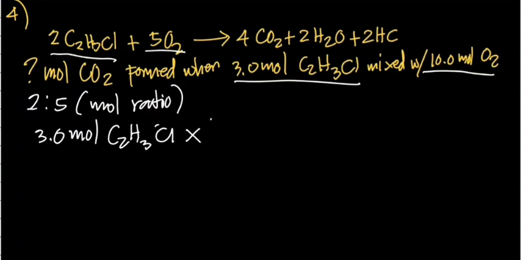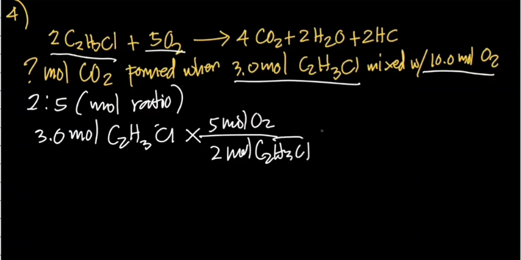So 5 moles of oxygen to 2 moles of chloroethene. That is 15 divided by 2, so 7.5. So the required number of moles of oxygen is 7.5 moles for 3 moles of chloroethene.